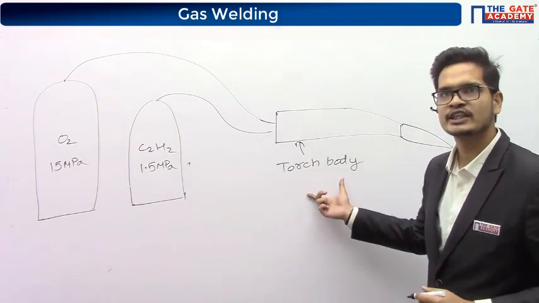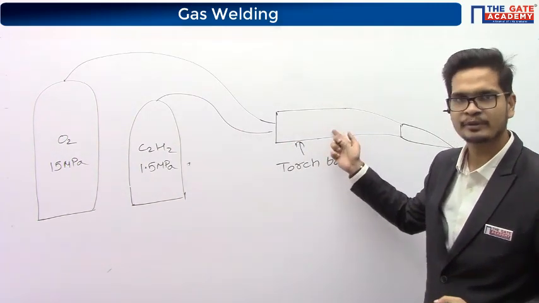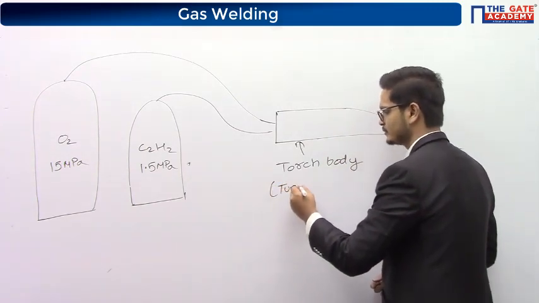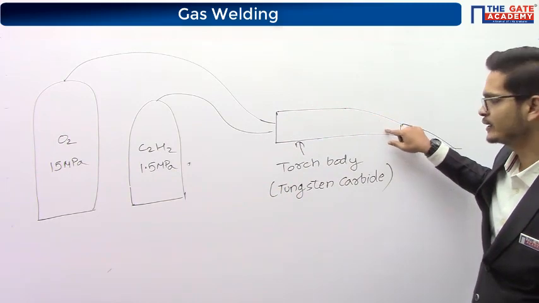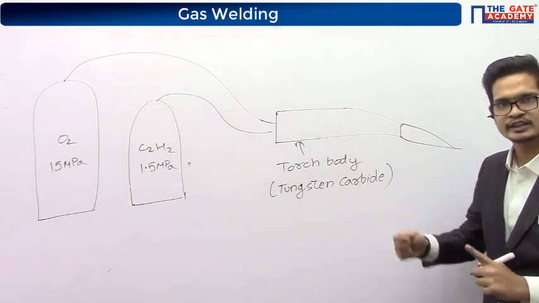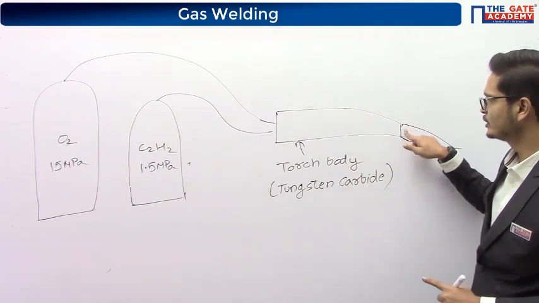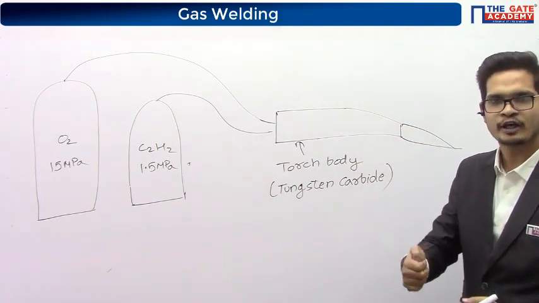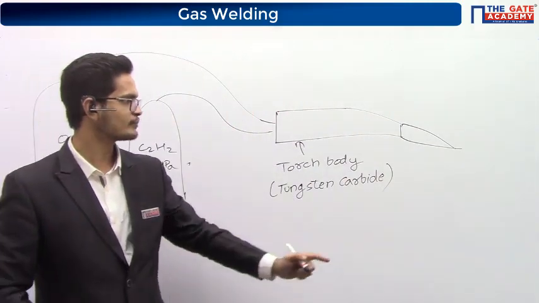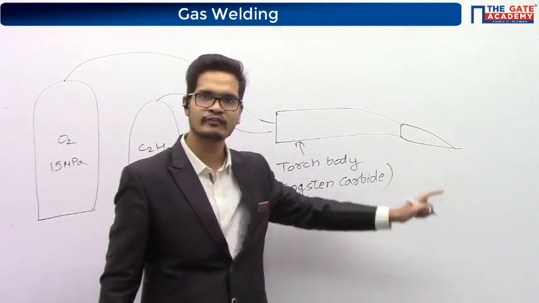To sustain this high pressure, the torch body is made up of tungsten carbide. The gases will mix inside this torch body and come out from here. You'll just put a spark, and because of the spark, the combustion will start and a flame will be formed.